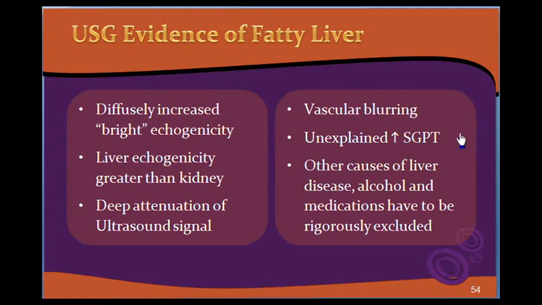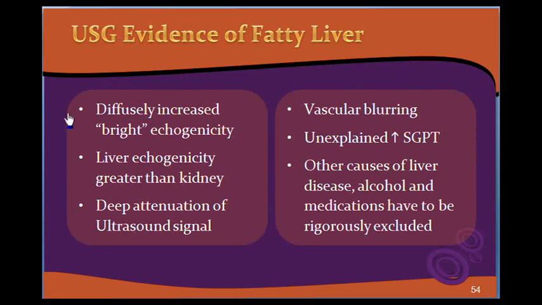Of course, this will be associated with increased SGPT values, which can be explained based on the ultrasound or due to the fatty liver. Other causes of liver disease, alcoholic liver disease and medications have to be rigorously excluded before we say with certainty that this picture of ultrasound liver is a fatty liver.